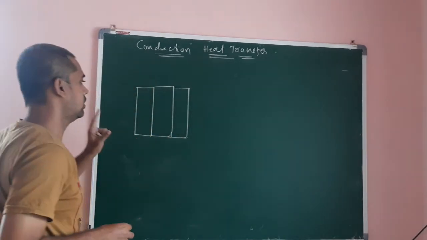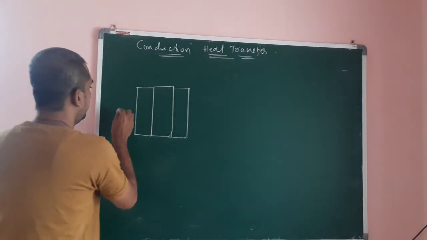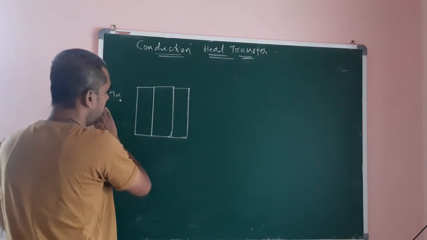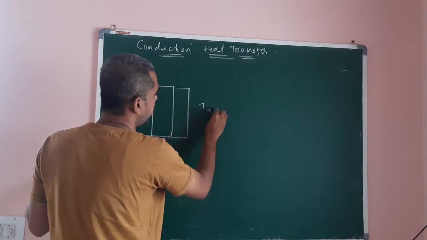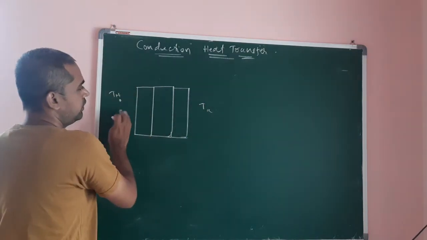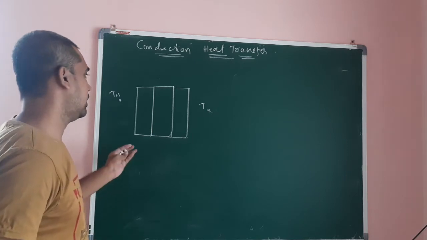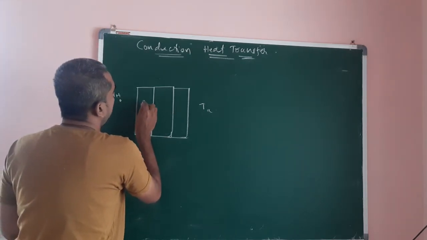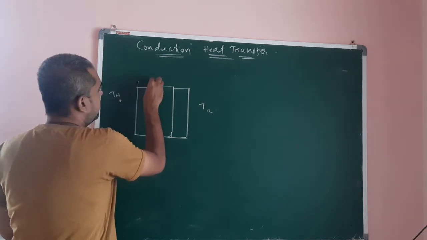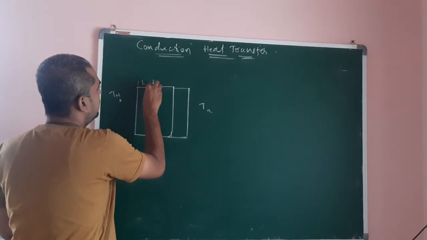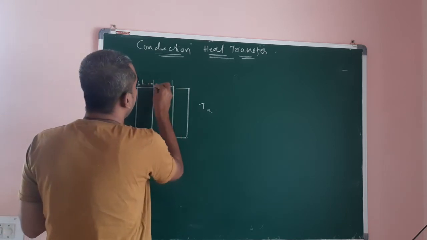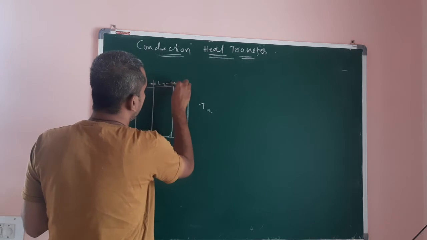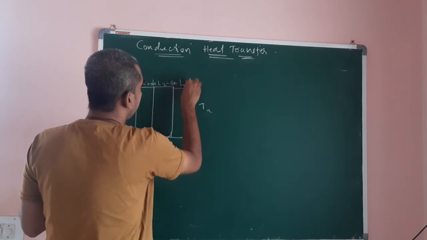The inside temperature is TH, and the ambient temperature is TA. If there is a furnace wall made up of 3 layers, like this, L1 is the length of the first layer, L2 is the length of the second layer, and L3 is the length of the third layer.